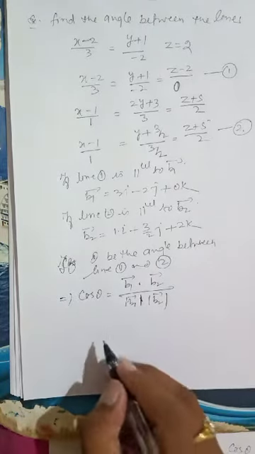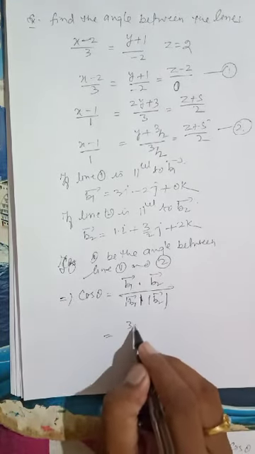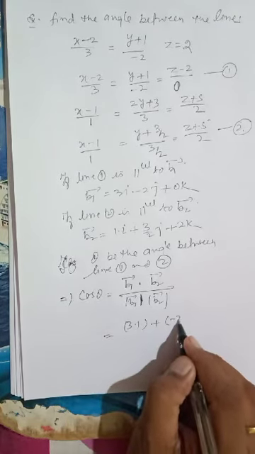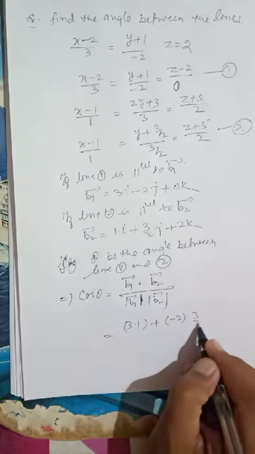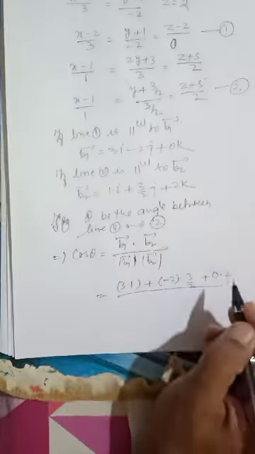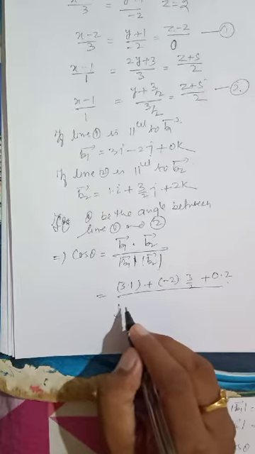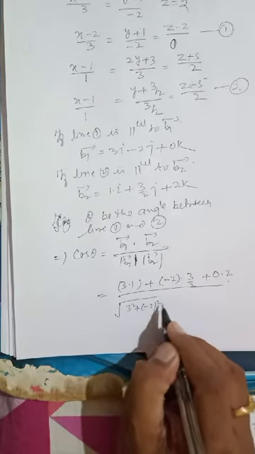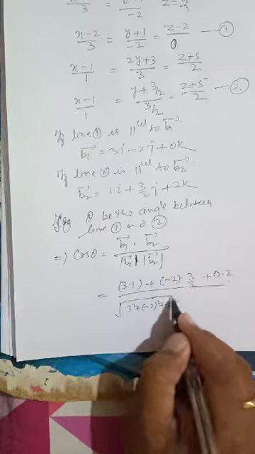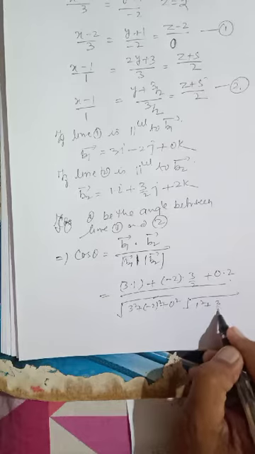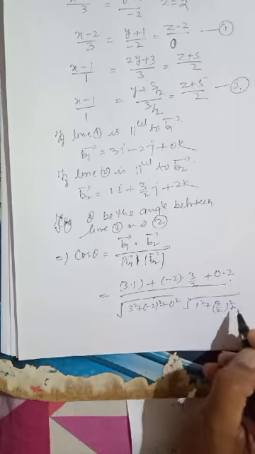So dot product, it is 3 into 1 plus minus 2 into 3 by 2 plus 0 into 2, upon under root of 3 square plus minus 2 square plus 0 square, into under root 1 square plus (3 by 2) square plus 2 square.